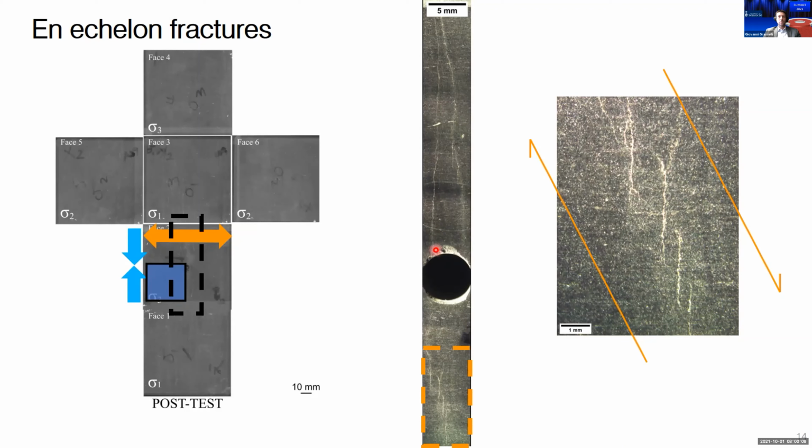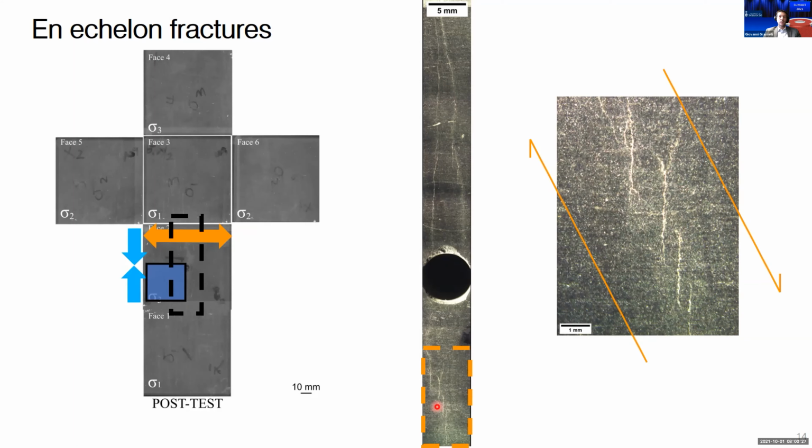So what we saw was that the injection hole placed on face number 2 of the cube clearly pictured fractures that were parallel to the bedding planes, starting at the injection hole.